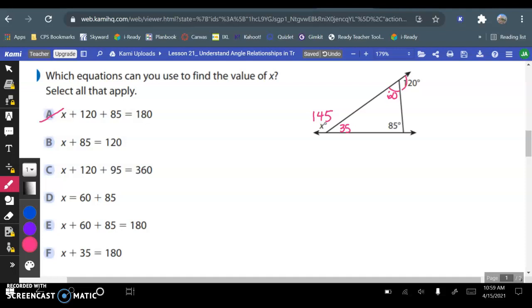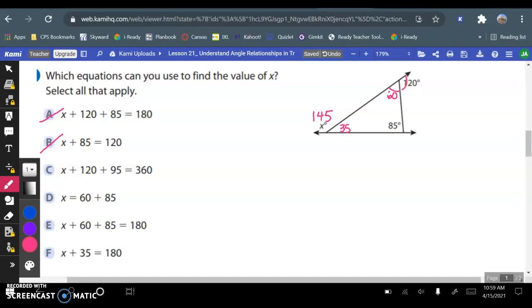So for B, if I add the X and 85 degrees, I'm going to get 120 degrees. That doesn't make sense either. C says if I add my X, the 120, and a 95, I'm going to get 360.